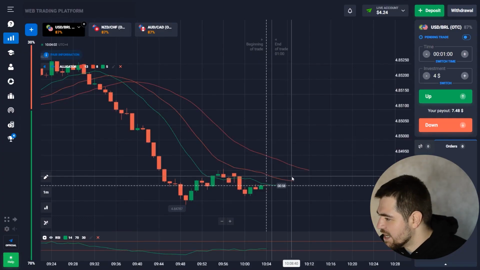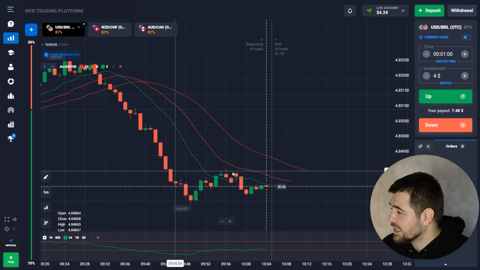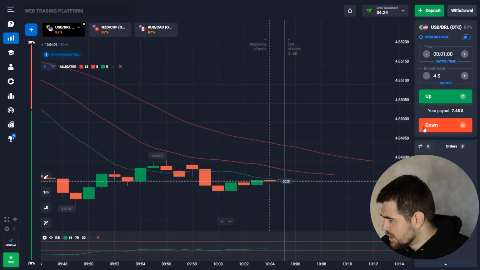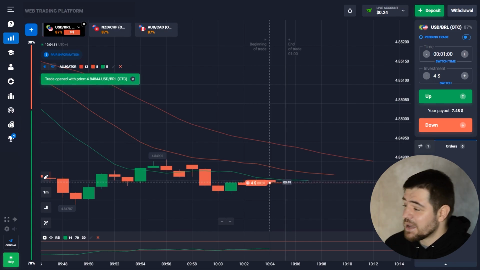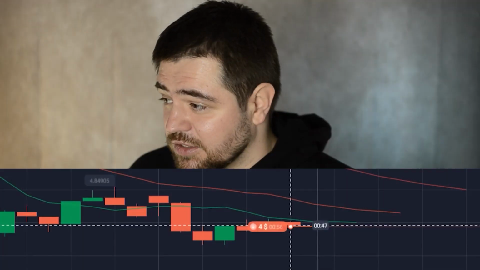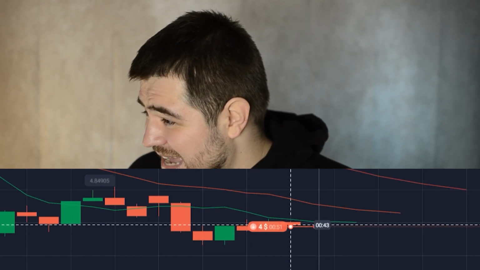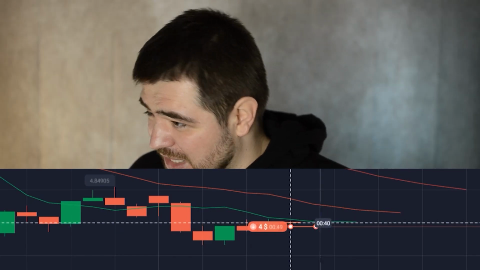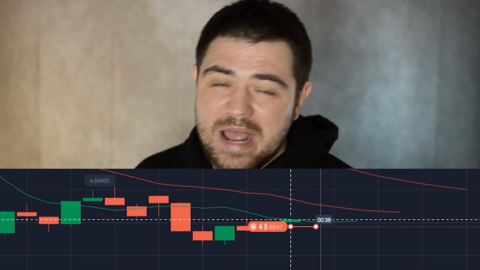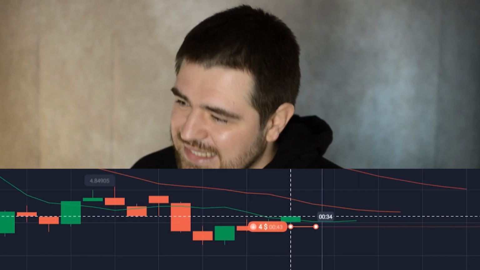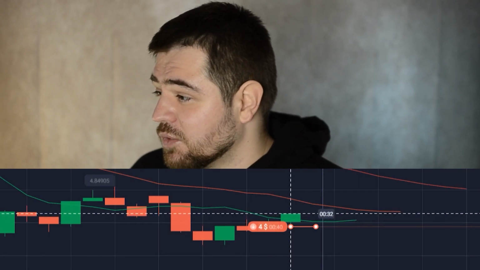Let's go. Right, okay guys, so we have Alligator today and we're starting with something quite low today. So I just made this $4 put option, and I see a flat going into something kind of bearish mood. You see the alligator, all three lines are pointing down, so we are going with that.